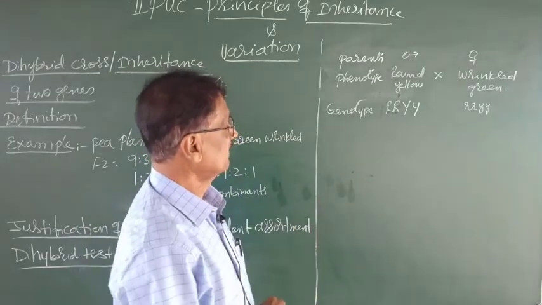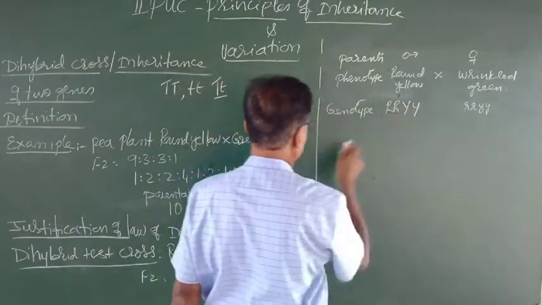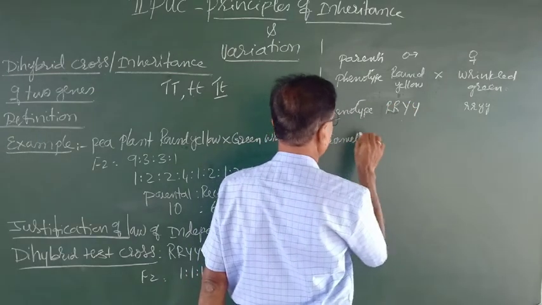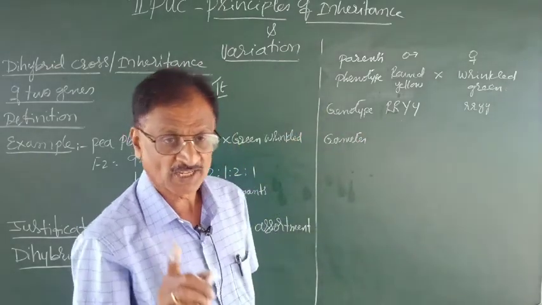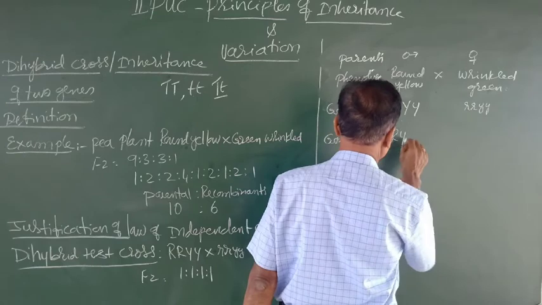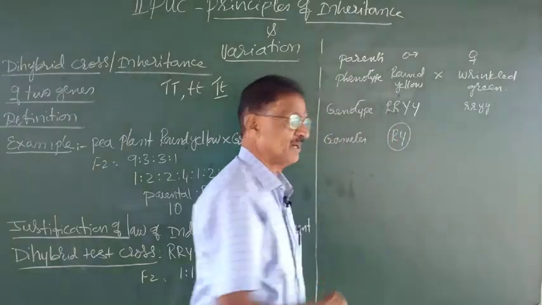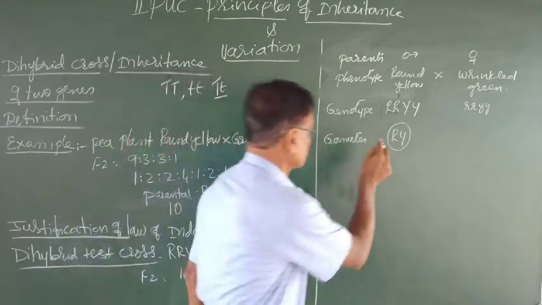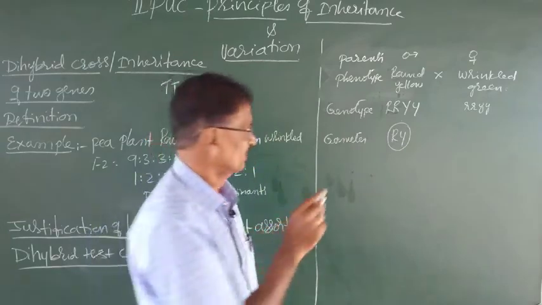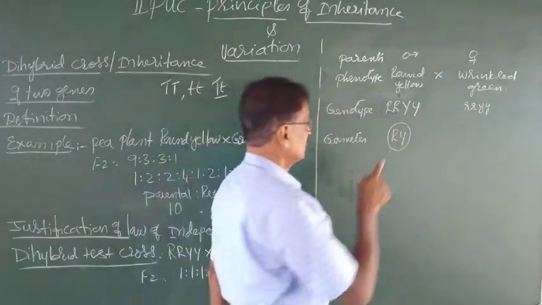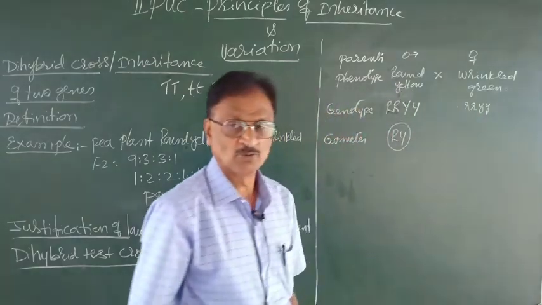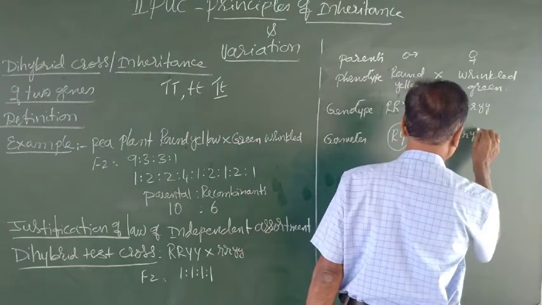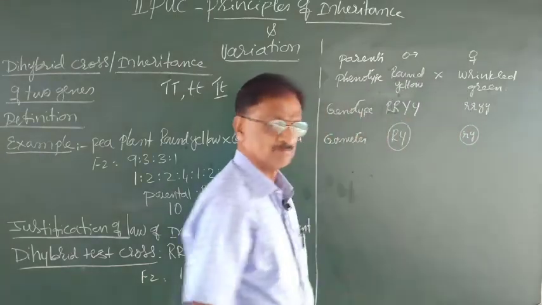Now, how many types of gametes are produced here? Only one type, capital R, capital Y. Remember, a gamete should contain a factor or an allele for each character, so capital R for shape and capital Y for color. Here also only one type of gamete, small r for wrinkled and small y for green.